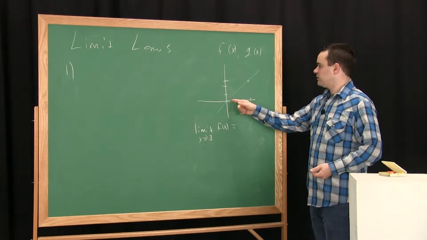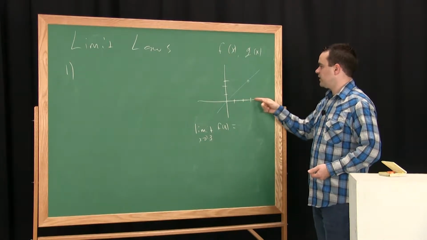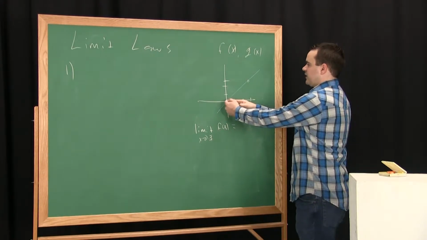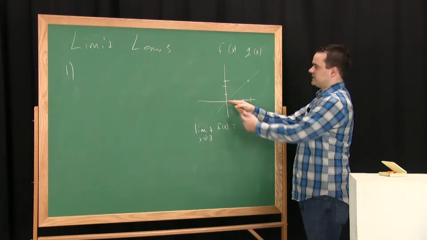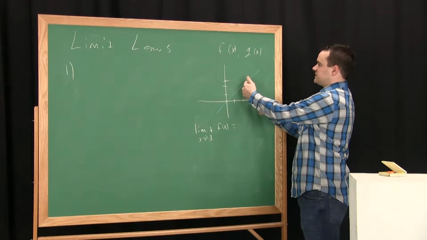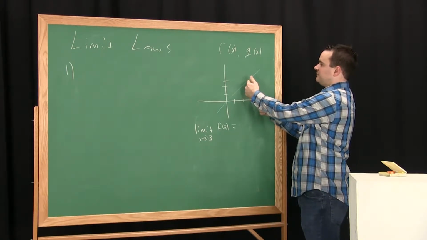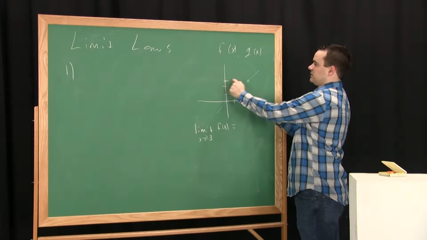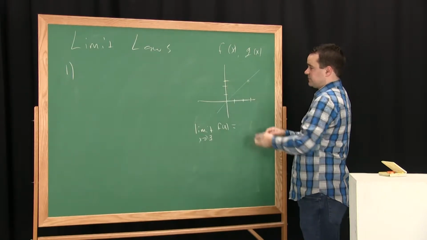So just bring your finger on over to the point 3 and what's happening to the y values. So I'm going to track x and f of x. Here we go. And you can see as x goes to 3, f of x, the y value is heading towards 3 as well.